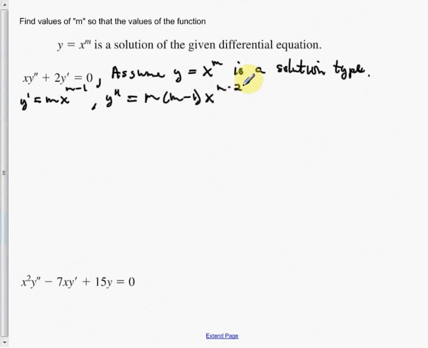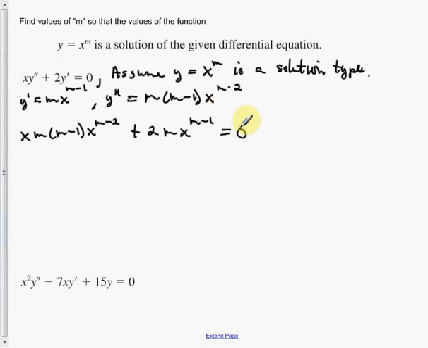So we're going to replace the y double prime with this expression here, replace the y prime with this expression there. So we have x times y double prime. So that's going to be x times m times m minus 1 times x to the m minus 2, plus 2 times y prime. Y prime is m times x to the m minus 1, equal to 0.